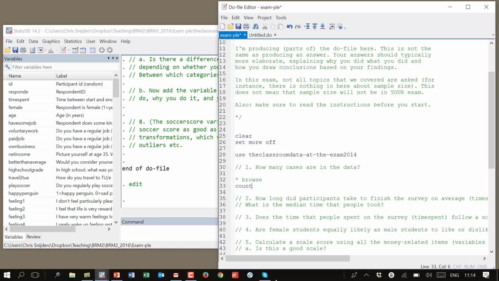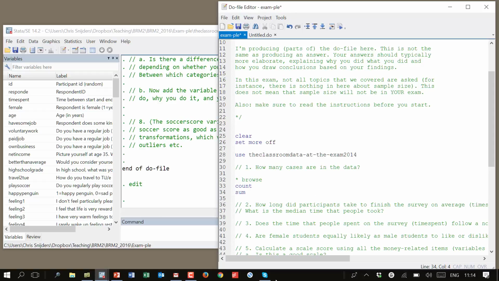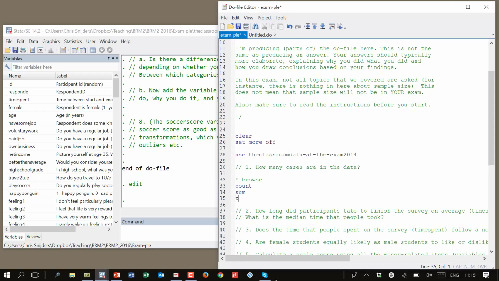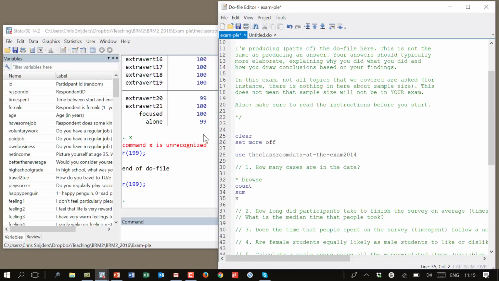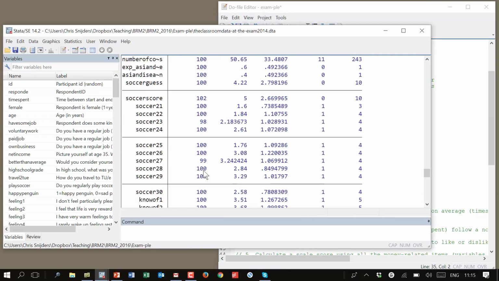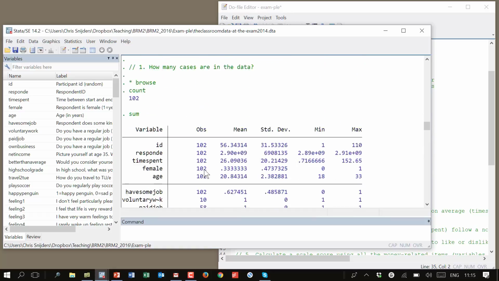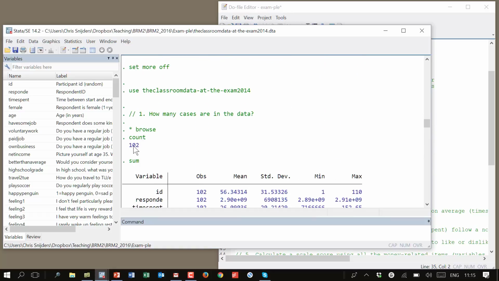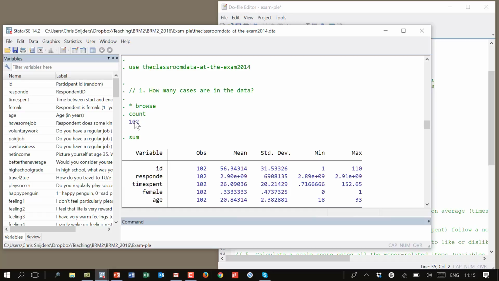Browse or typing count might work, or typing summarize will also work. Oh yeah, summarize gives you a long list of output. Count also gives you 102. Actually, this might be a bit misleading, because if we would have had, let's say, 10 empty rows of data at the end, then you of course could argue about how many cases there really are in the data, but then you would have seen 112 here, even though you have 10 cases where there is no data in there.